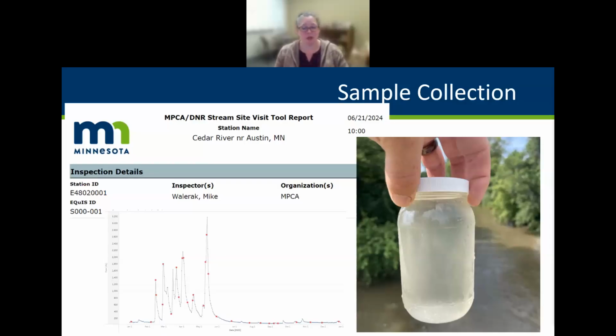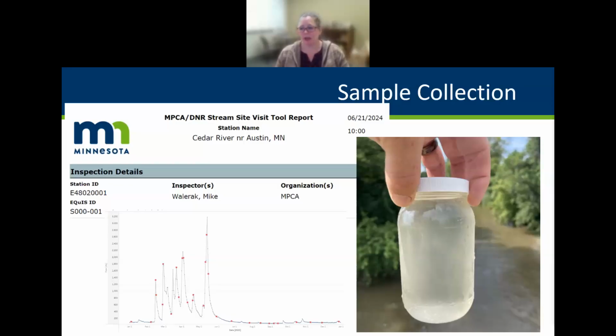We are going out to the streams, much like you do, for those of you in the volunteer stream monitoring program, or for the lakes, doing a field visit, collecting information. We have a tool that helps us do that. We get water, we put it in sample bottles, and then we send that to labs.